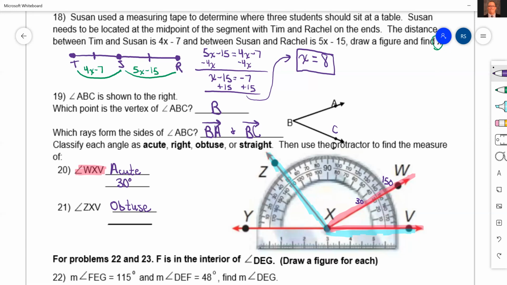Okay, so we need to measure it now. So I'm going to look at my numbers. V, I'm at 0. I'm good. Z, though, I'm at 130 on the inside or 50 on the outside. One of those is going to be my answer.